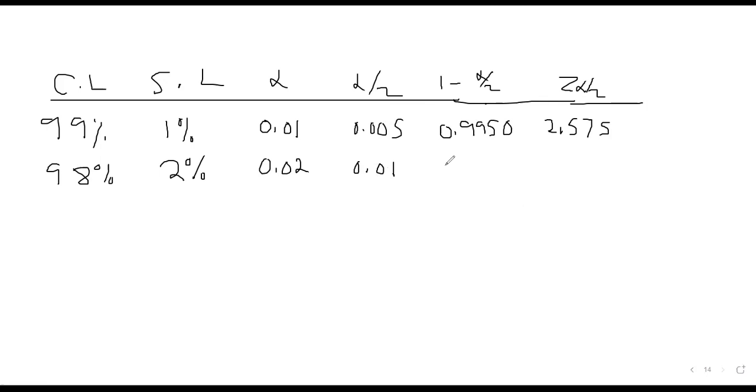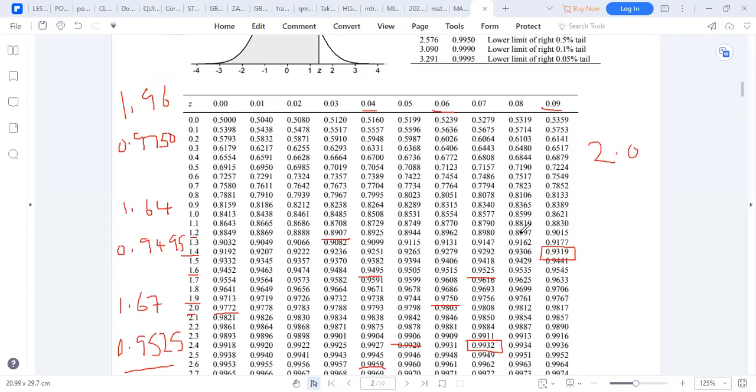Zero point what? 0.99. Let's look for this one inside the table now. It's 2.3? 2.32? 2.33?